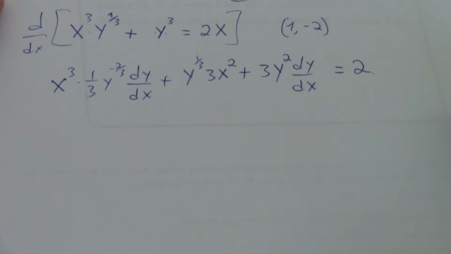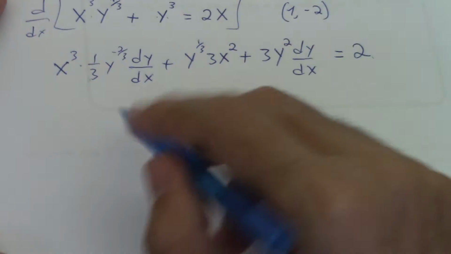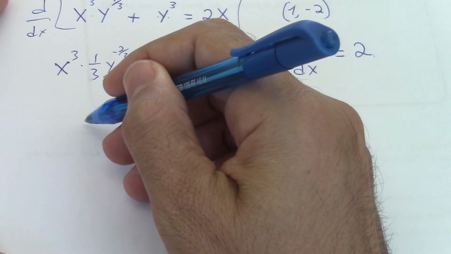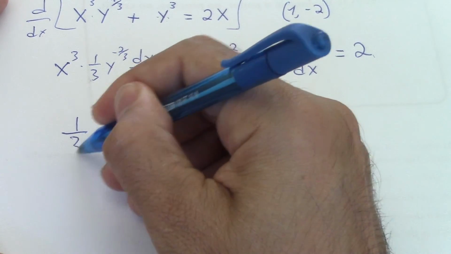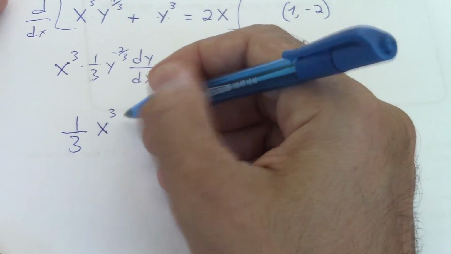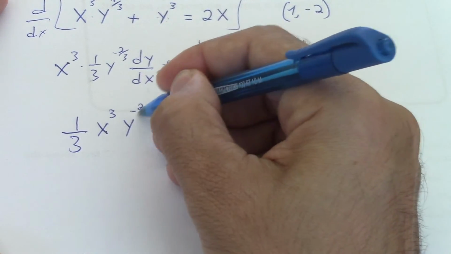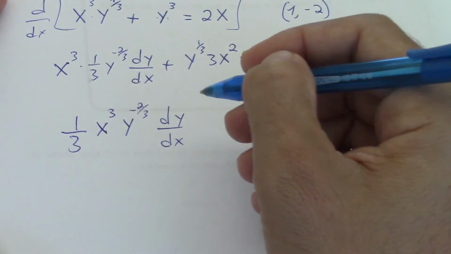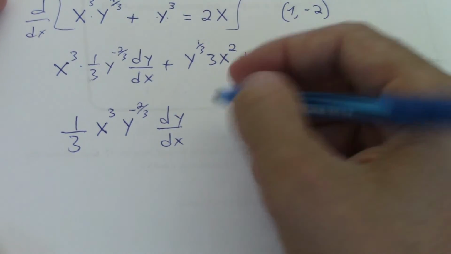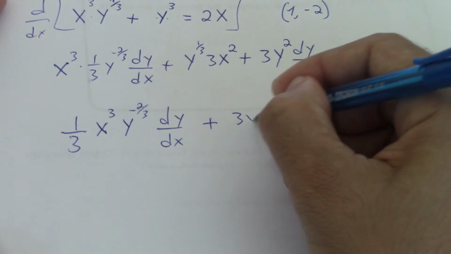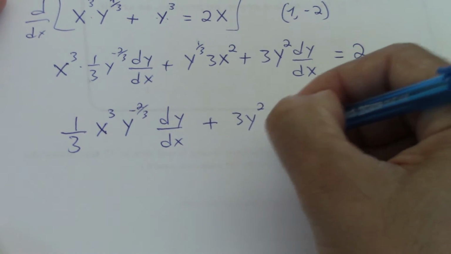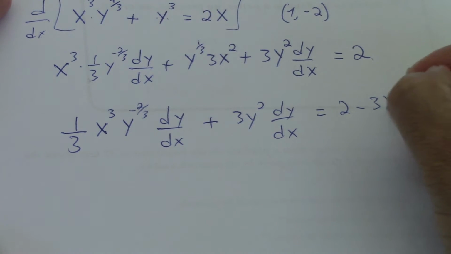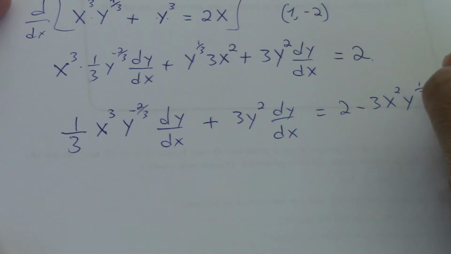Now we go again, dy/dx to the left, expressions to the right, and we have 1/3 x to the third, y to the negative 2/3, dy/dx, plus 3y squared dy/dx, equal to 2 minus 3x squared y to the 1/3.